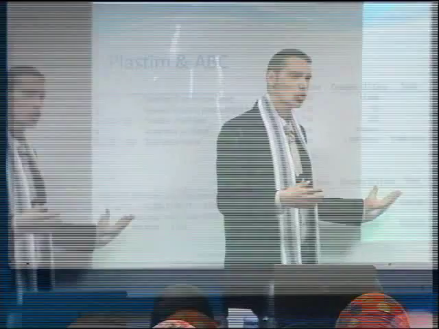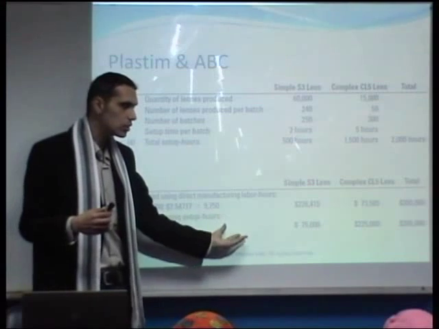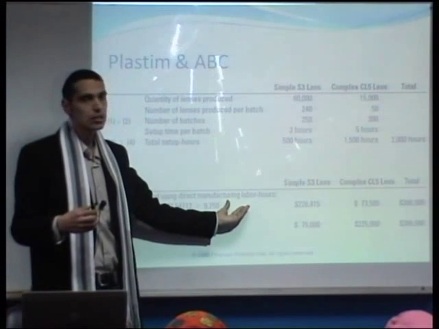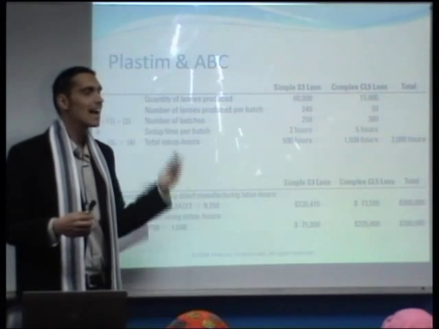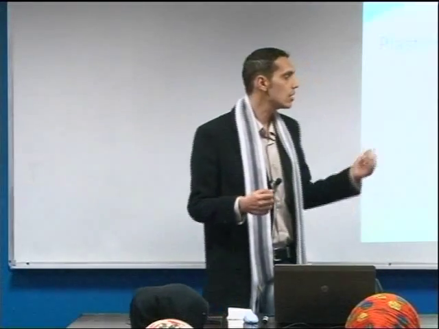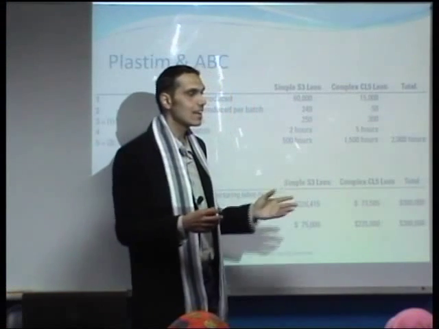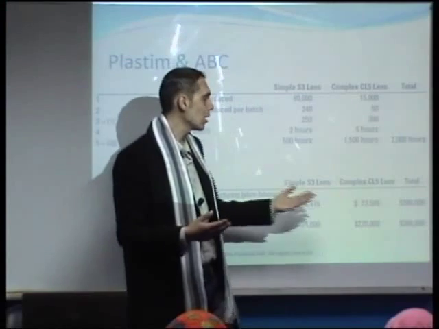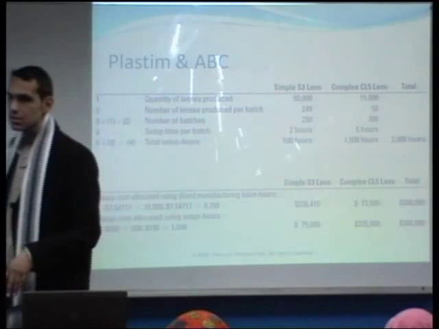According to our comparison between the new allocation and the previous allocation, we found out that we have been overcosting the simple lenses and undercosting the complex lenses. The allocation was only the difference between the two, while the total costs remained the same, as we discussed last time.